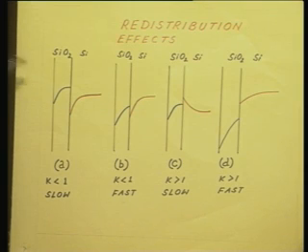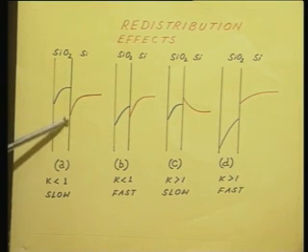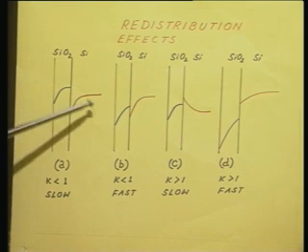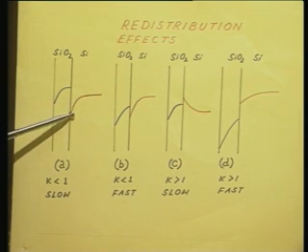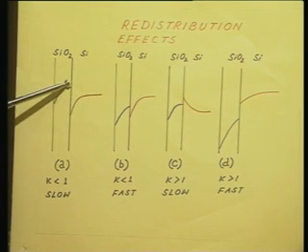This line is the interface between silicon dioxide and silicon. At the interface, on the silicon side, the boron concentration is less than on the silicon dioxide side. In other words, at the silicon dioxide interface, there is a depletion of boron.